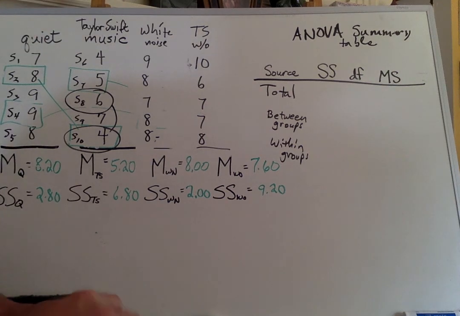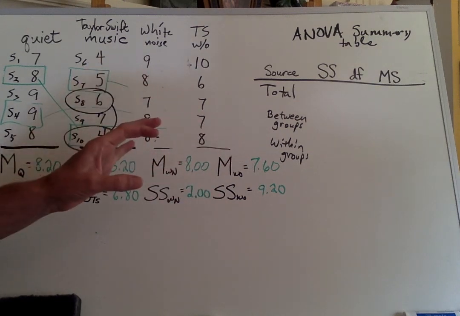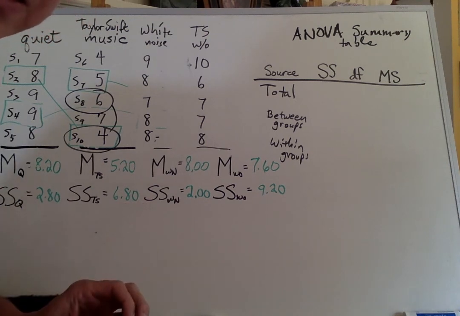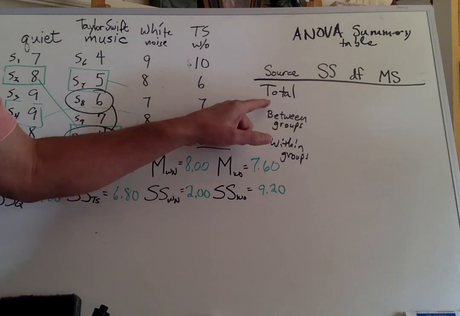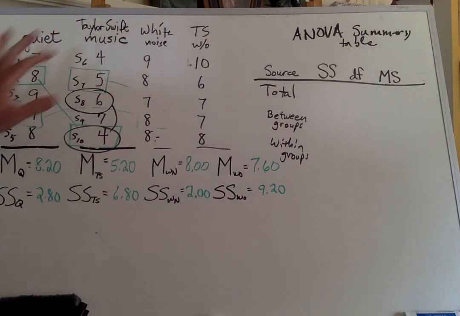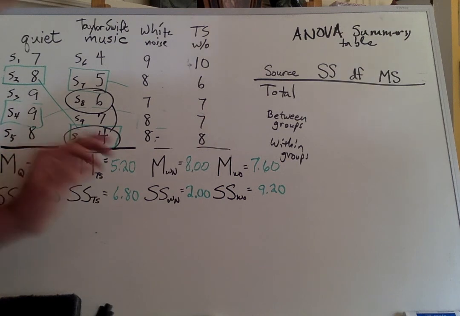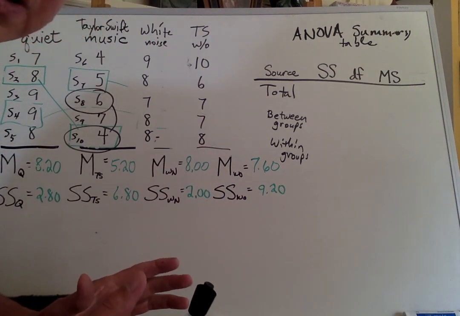Now, we're going to fill all these. Here's what we're going to do. Sum of squares for a total. And make a note of this in your notebook. Okay? Sum of squares total. That means we're going to treat these 20 numbers as if they were just a group of 20 numbers.